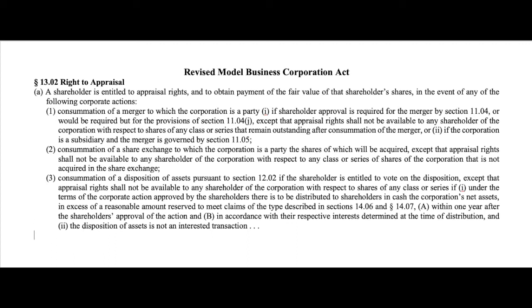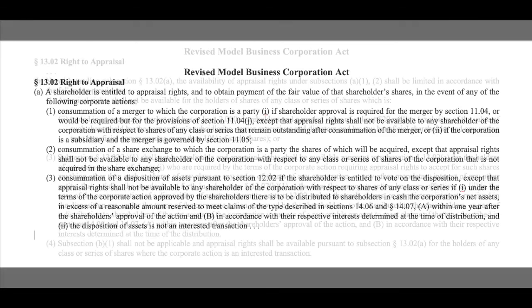The subsection says that if the firm would be dissolved and distribute the assets that it received as consideration for sale of its property within a year, then the shareholders are not entitled to appraisal. That's actually a fairly common sort of transaction, and as we've seen, it's often done in lieu of what otherwise would be structured as a merger.